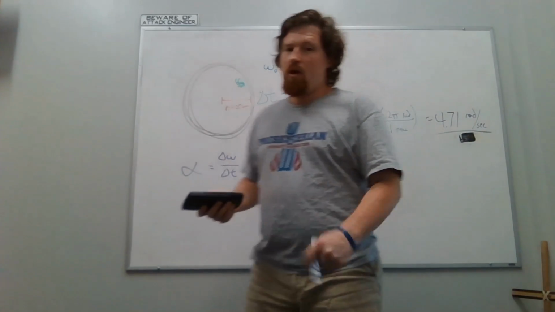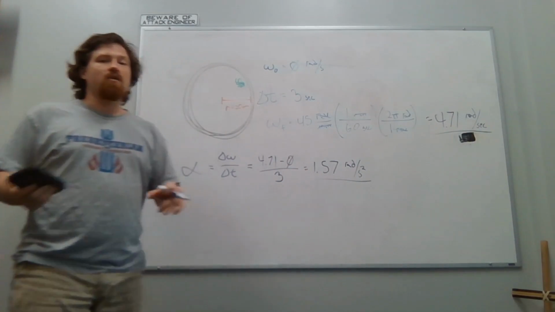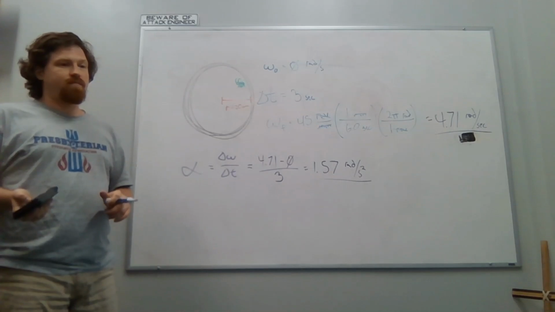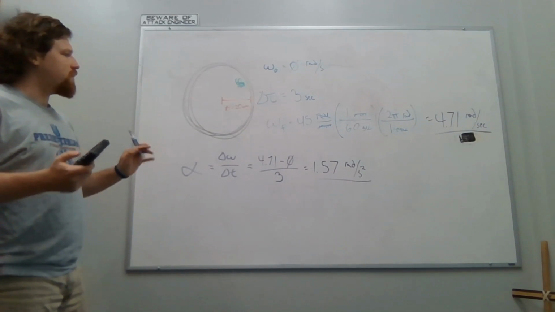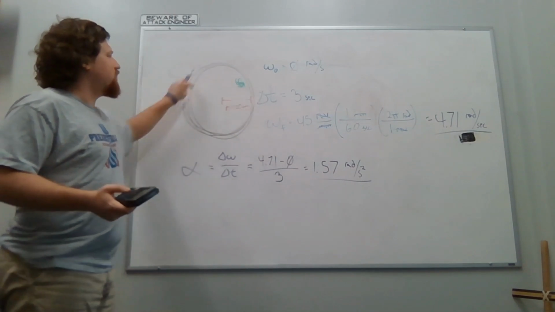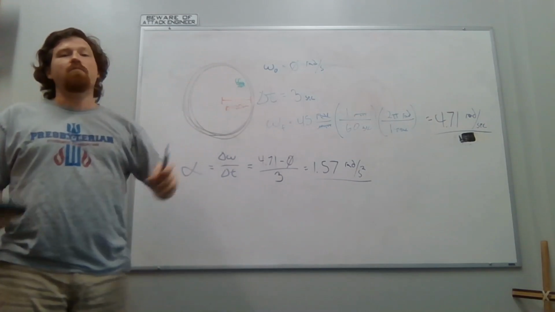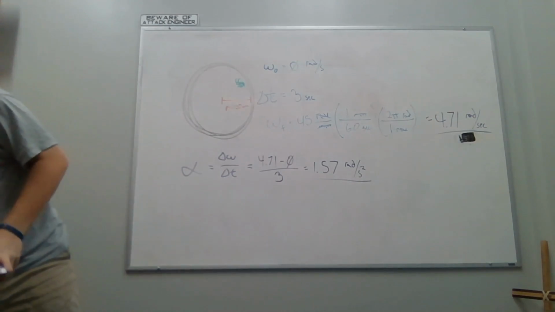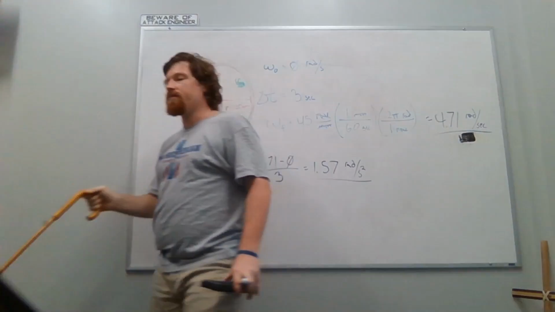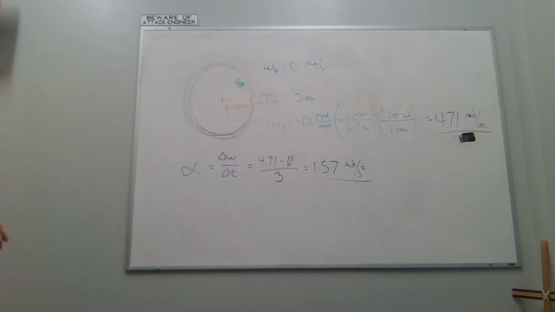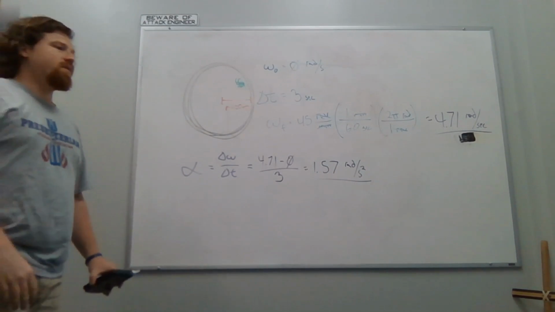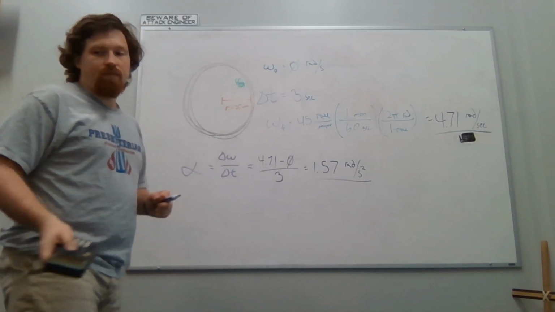Next question. What is the linear acceleration of the grasshopper? Even though the grasshopper is rotating, it's still moving through three-dimensional space, just like the sticky notes on my umbrella. It's still moving through linear space, so we need to be able to find its linear acceleration as well.